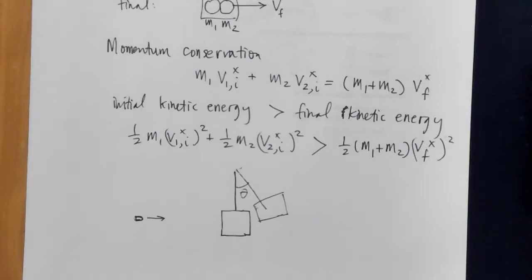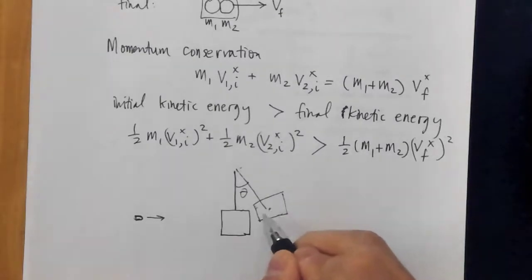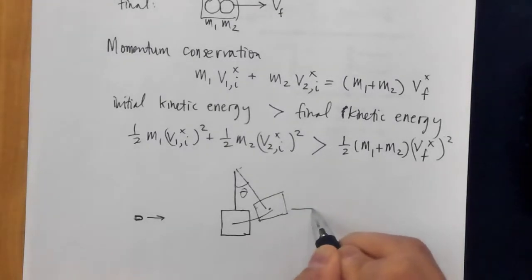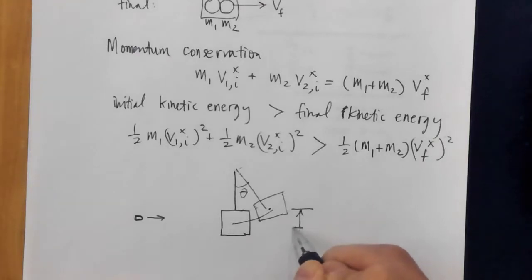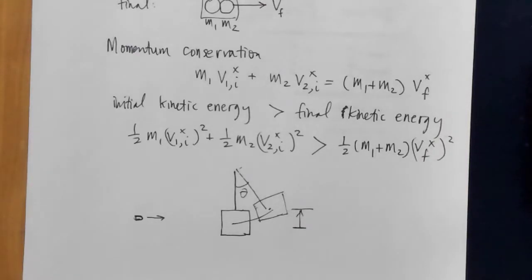To figure out how high it goes up, you have to figure out the elevation of the block, and that will tell you how much the potential energy increases. To help you with that, I will.